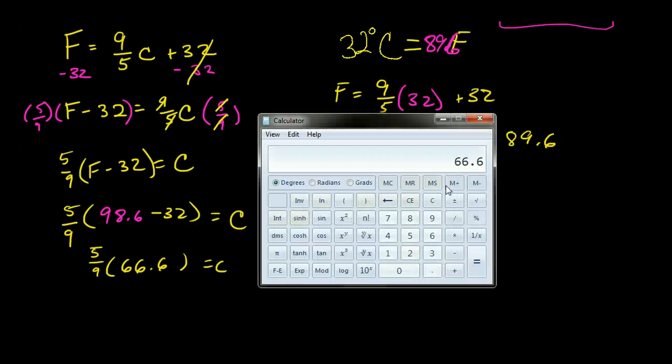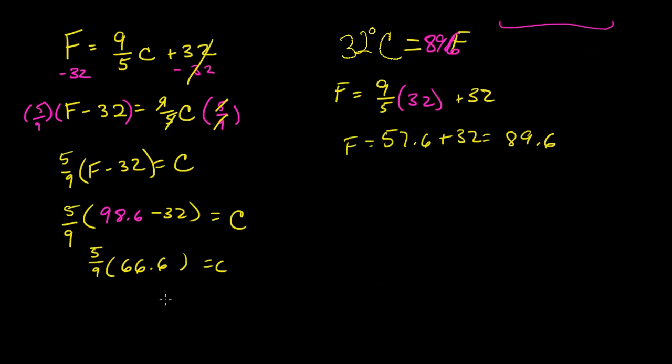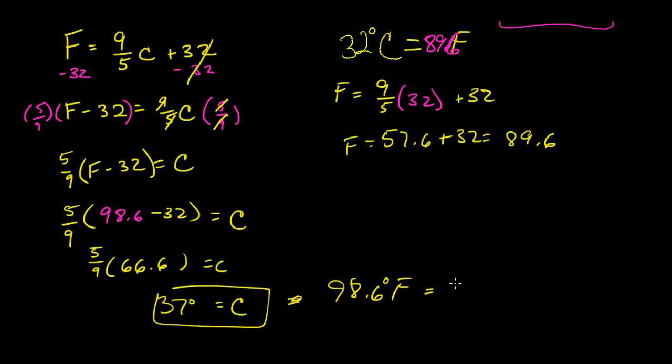And so 66.6 times 5 equals 333, and we'll divide that by 9 equals 37. So 98.6 degrees Fahrenheit equals 37 degrees Celsius.